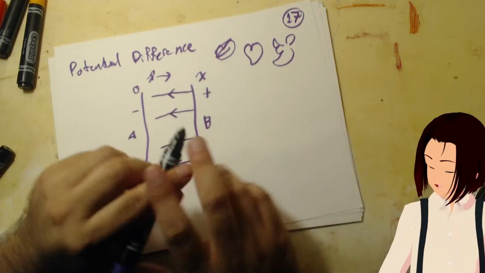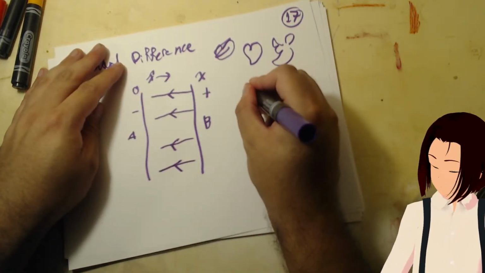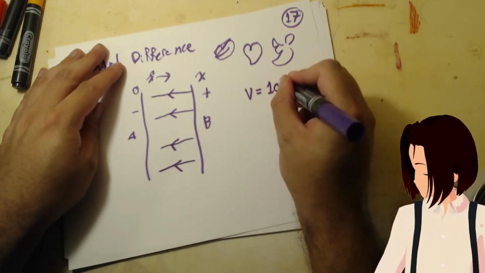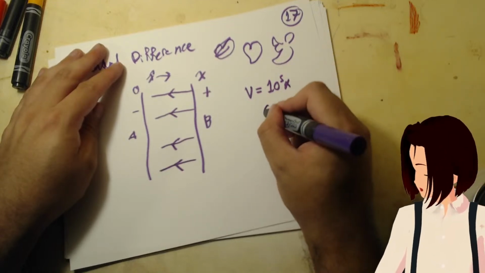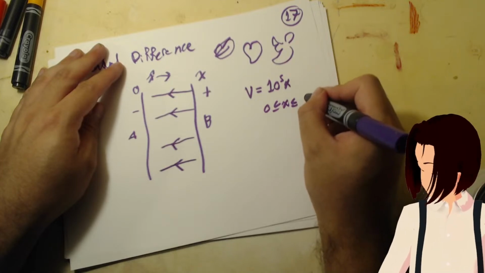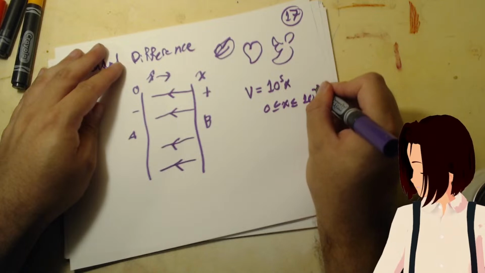So we have the potential as a function of x, for x within this small distance.